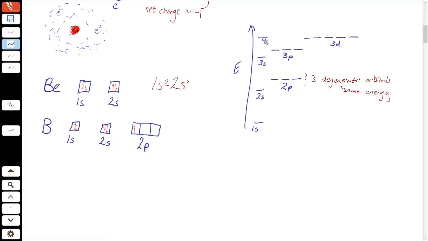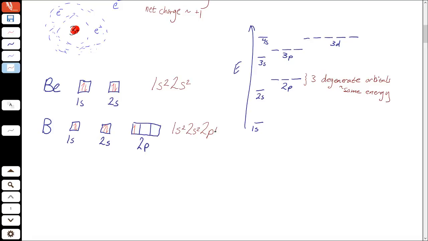So to write the electron configuration of boron, we write 1s2, 2s2, 2p1. Notice that we don't separate out the individual p orbitals in the electron configuration. We just say p. So how many electrons total can fit in the p sublevel? 6, because each orbital can hold 2.